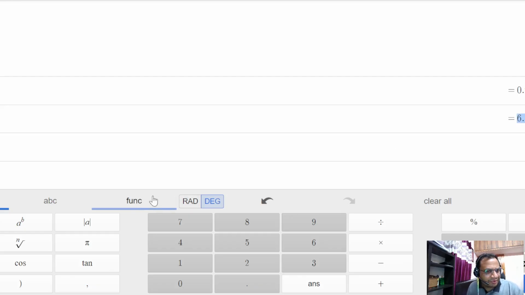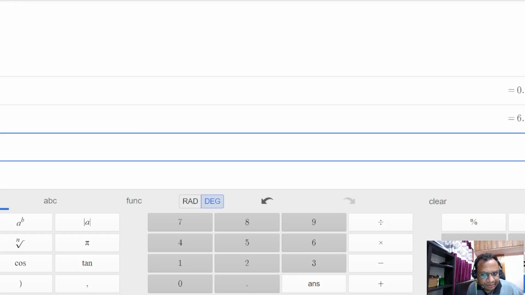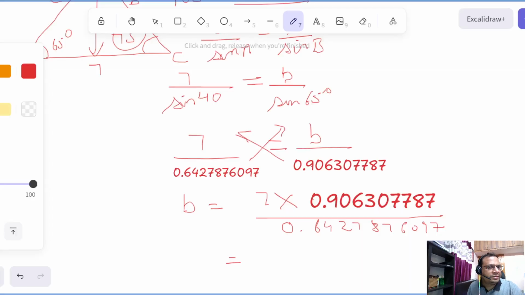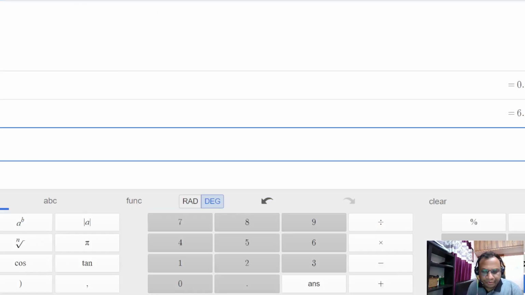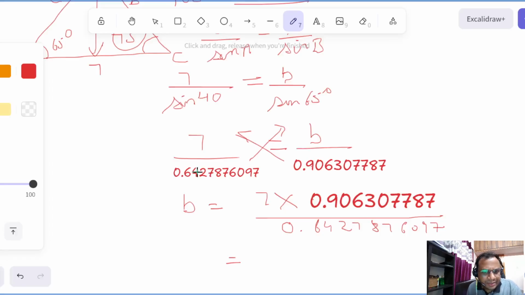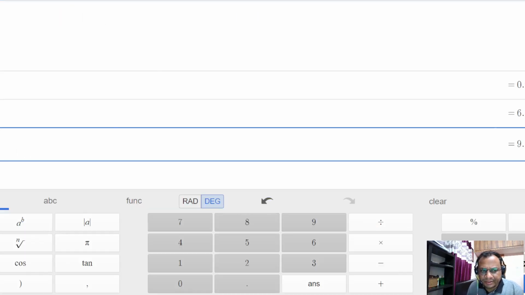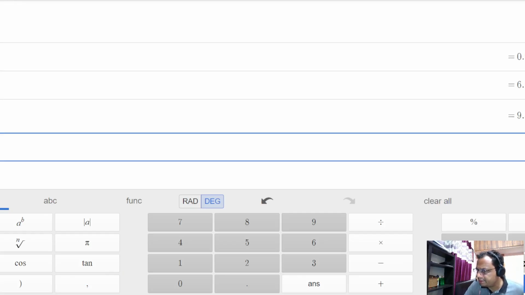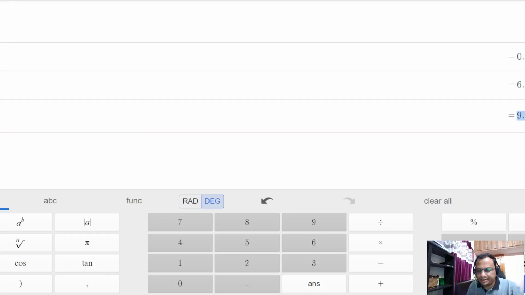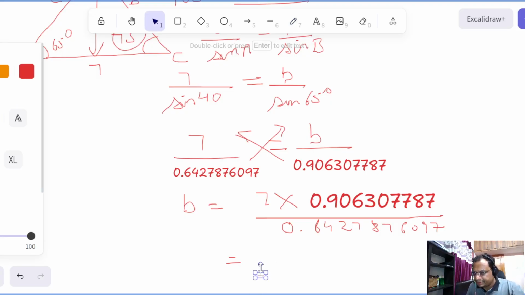Now this value, I will divide with what we have, 0.6427876097, and then click enter. So we got the value as 9.86. Okay, so here this is our answer.